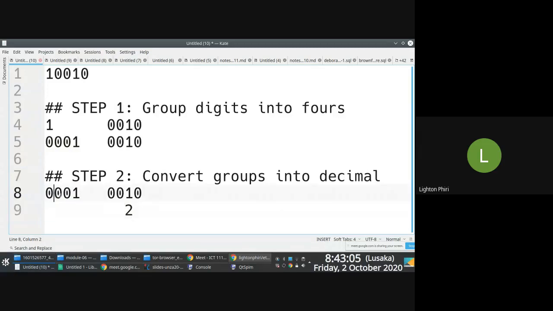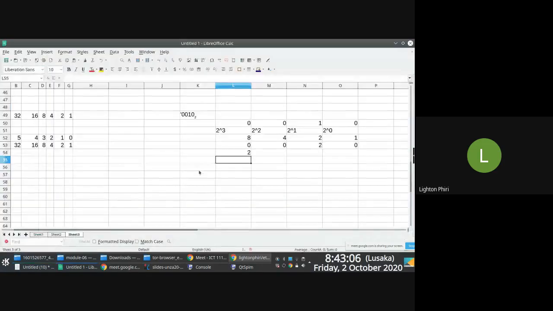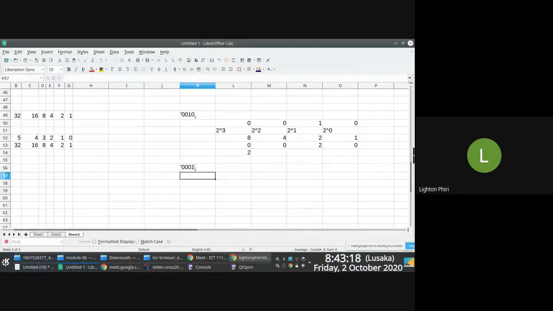We convert 0, 0, 0, 1 into its equivalent. And I know you're thinking, why are you doing all of this? You're too slow now. But just for the benefit of those that might be a bit confused, this is why we're doing this. In case it might be confusing, because we're jumping steps now, assuming that you understand conversion from binary to decimal, because we did this already.